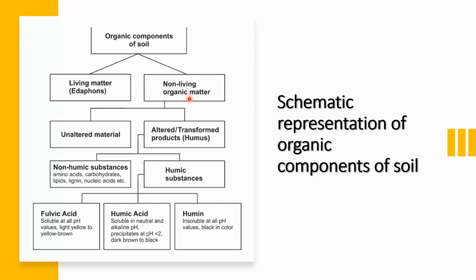Non-living organic matter also has two components: unaltered material which is not changed, that is the stable one, and altered or transformed products, that is humus.